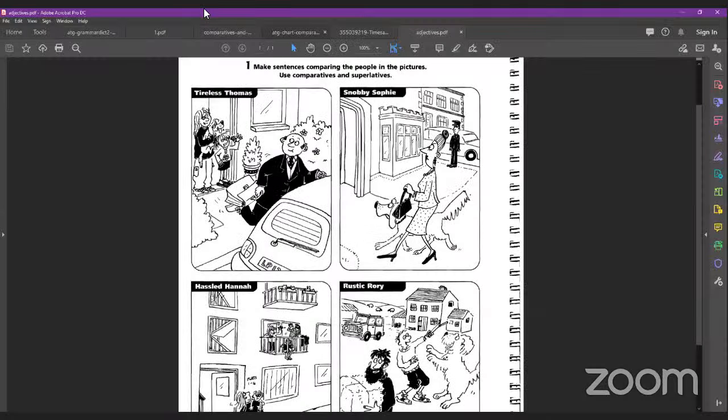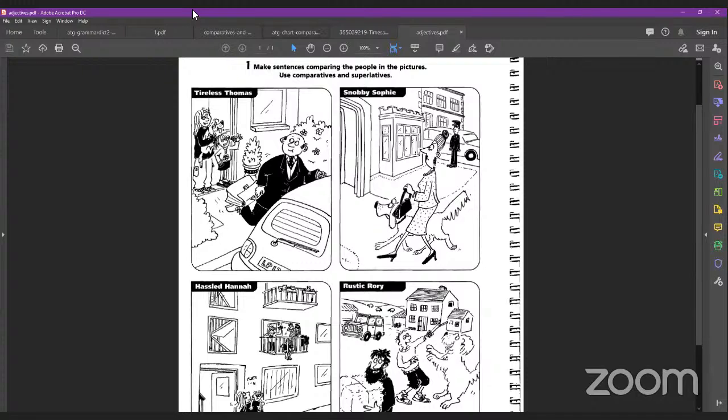Okay, guys. This activity is going to be a graded one. Graded activity. What are you going to do? Listen very carefully to the instructions. As you can see, we have 4 different families.